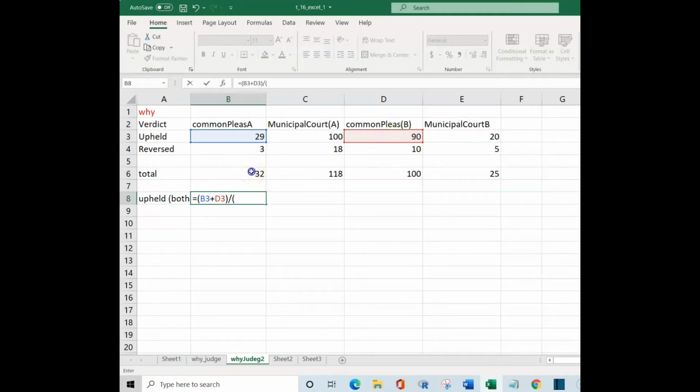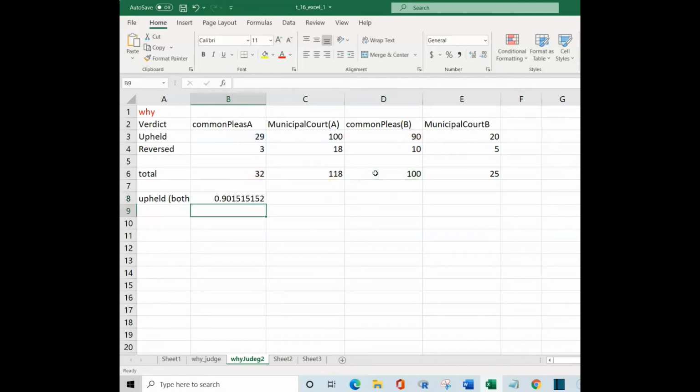Total is 32 plus 100. So this is the success rate for common pleas, and the success rate is 90% if we combine the cases from Judge A and Judge B together.